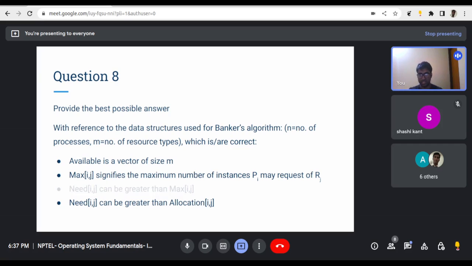So yeah, just the third option is incorrect. Rest all are correct, because need can be greater than allocation. How many instances of resource Rj are currently allocated to Pi can be lower than what it actually requires, right? So this can also be true. Anyway, I hope I was clear. If anyone requires any further explanation, you may use the chat box.